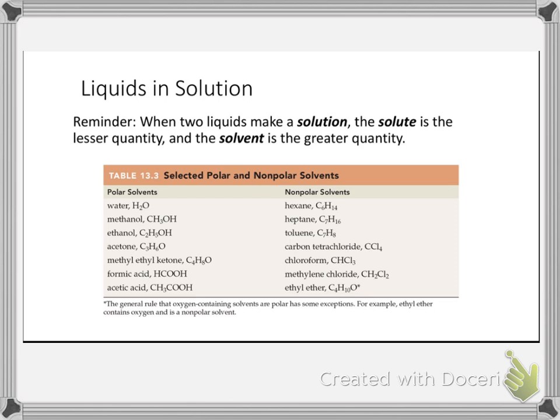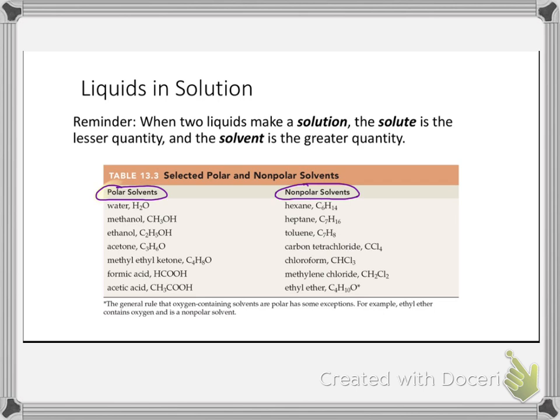Now what this table has, it's divided solvents, so things that do dissolving, into two categories, polar and nonpolar. Now, I want you to notice what the polar compounds have in common is that they have an oxygen.